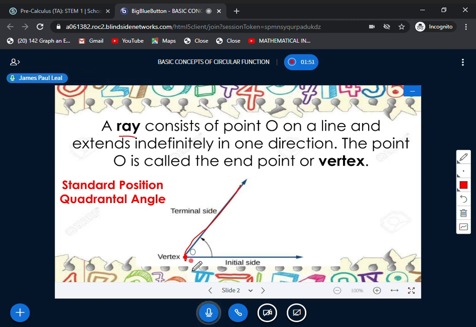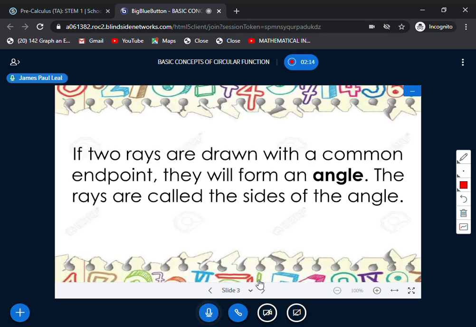And this one is the second ray. So for this diagram we actually have two rays. This is what we call a ray: there's an endpoint and it extends to infinity. We have your first ray and this one is the second ray. In addition, if two rays are drawn with a common endpoint, they will form an angle.